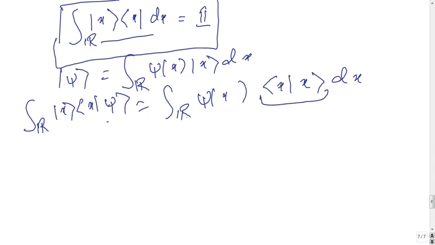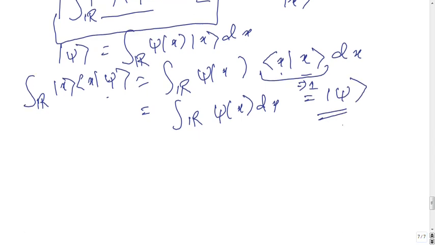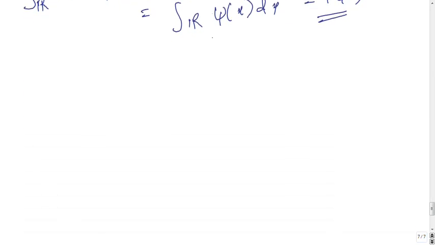This would be equal to 1, because if we assume that these state vectors in the Hilbert space corresponding to the position x are normalized, then this would be 1, and ψ(x) dx is again the vector ψ. So indeed this integration gives us the identity operator because it satisfies the definition of the identity operator.